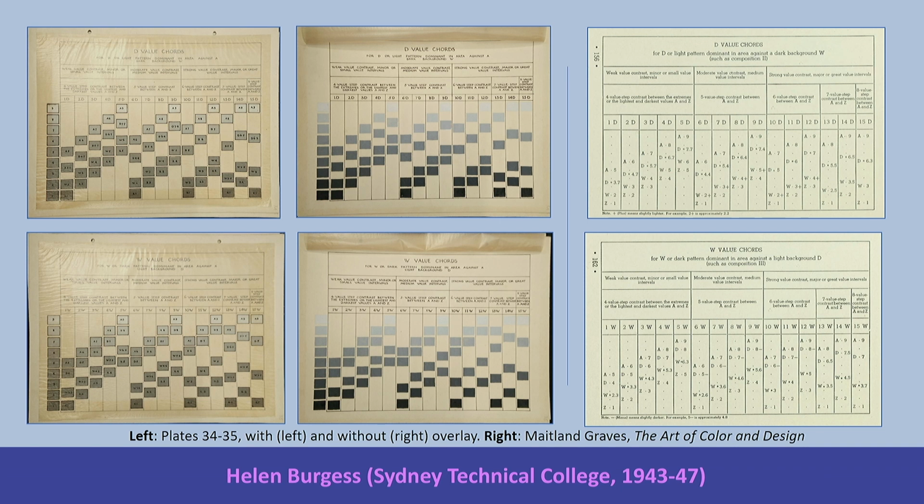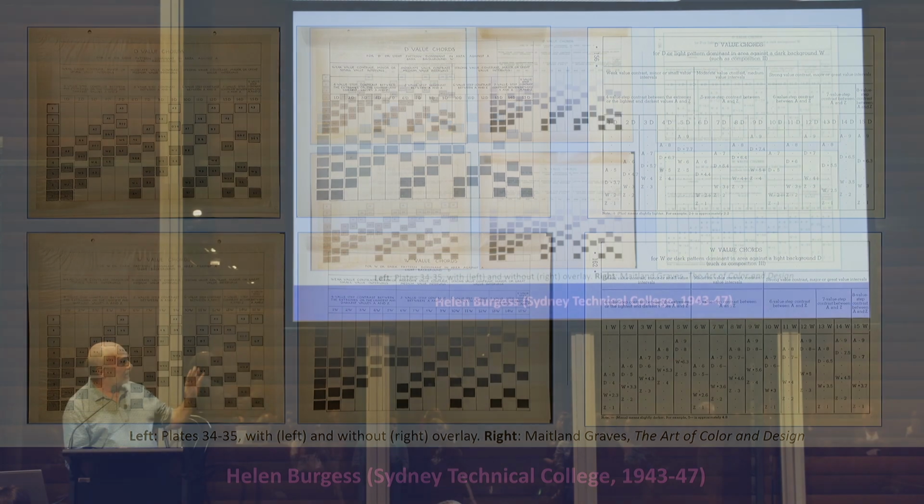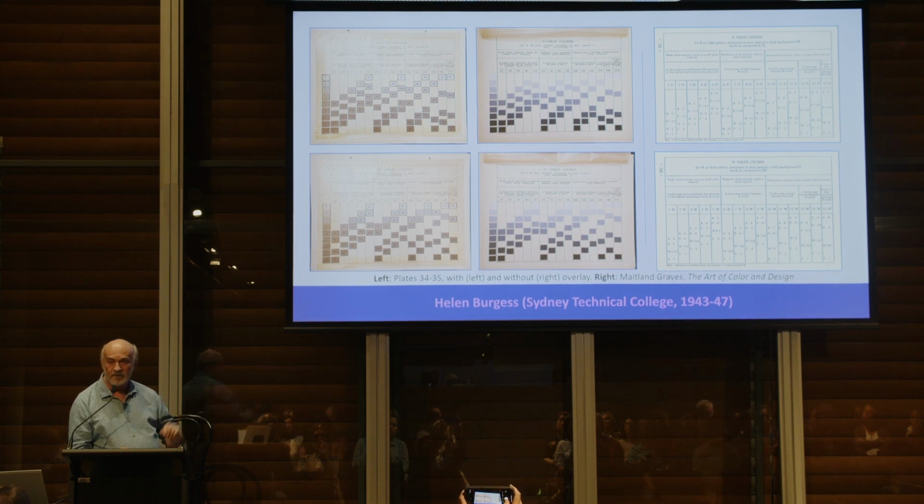So how do we space those in relation to the whole scale? The assumption is that it has to be 4, and you can either have the small interval at the bottom or at the top. And so there are D value chords and W value chords according to whether the small interval's at the bottom or the top, and you can see that they're directly out of the Maitland Graves book, which is on the right there.